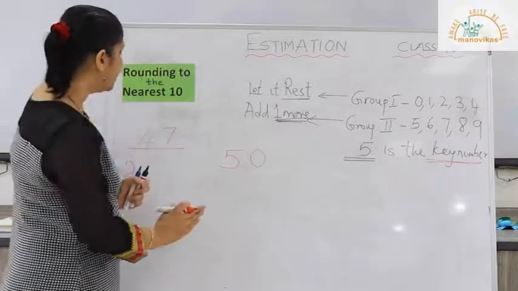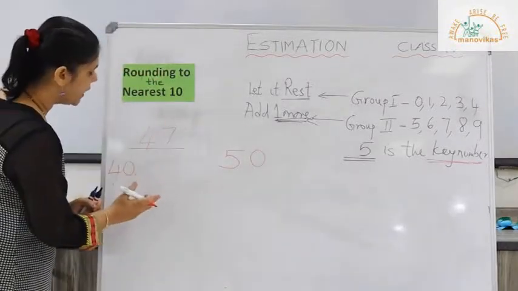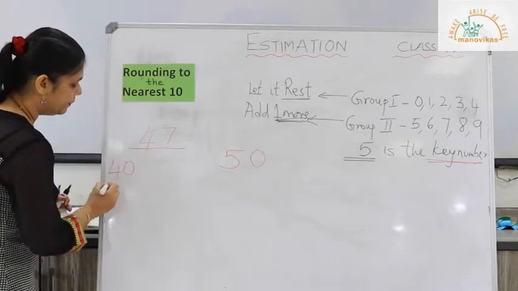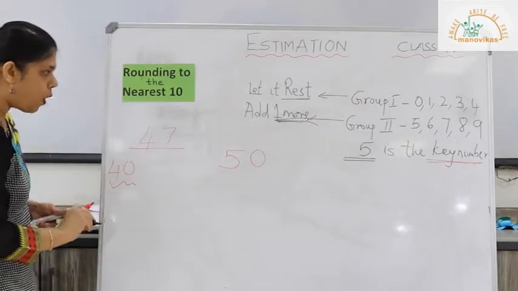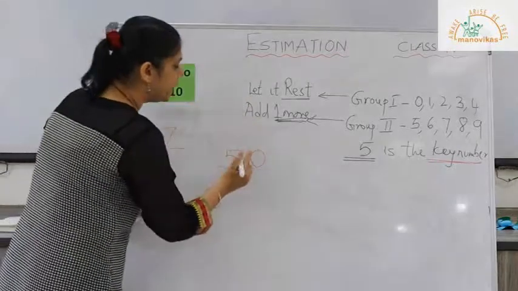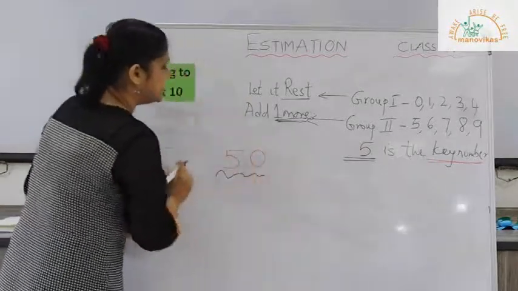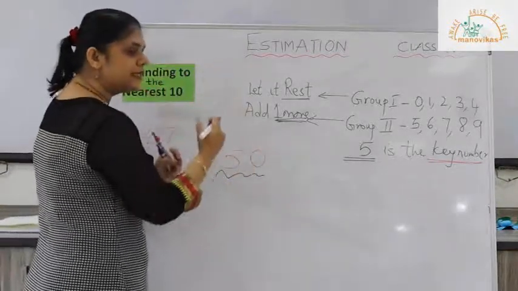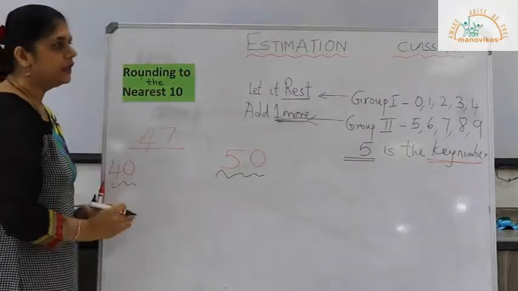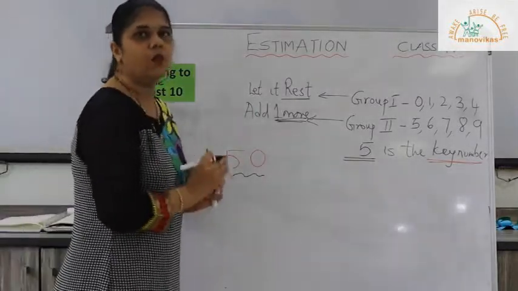Whether 47 will be rounded to 40, that is the previous 10, or to 50, that is the next 10, will be decided by the following conditions. Let us see what they are.